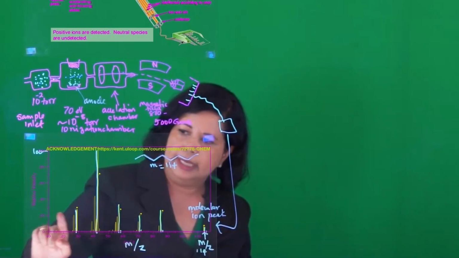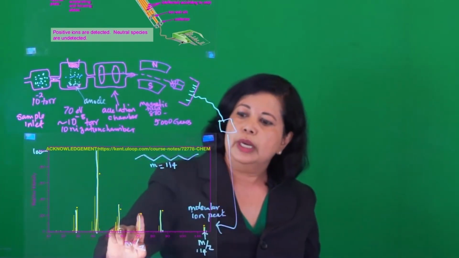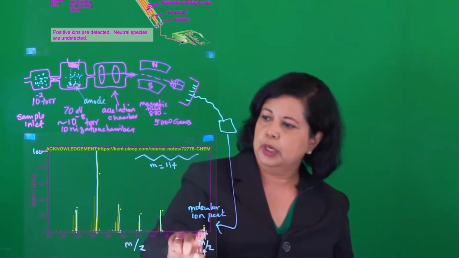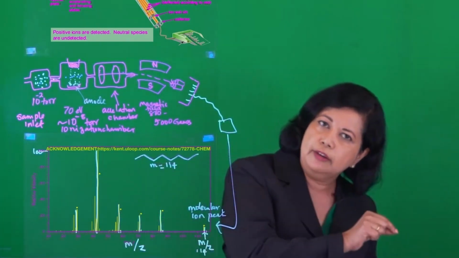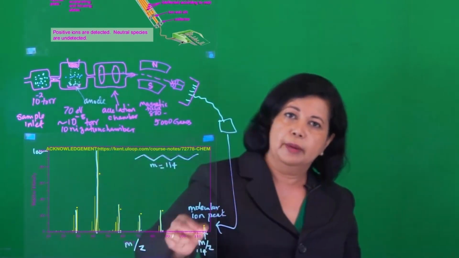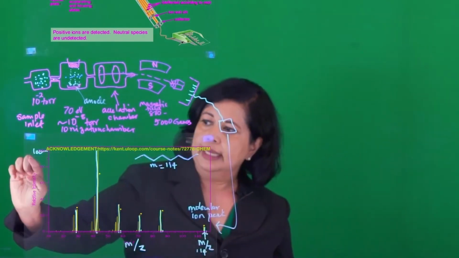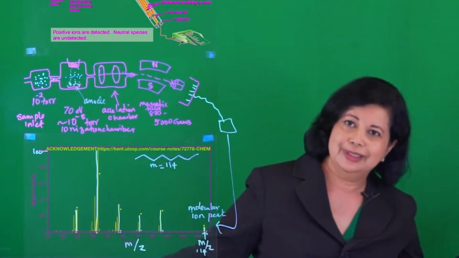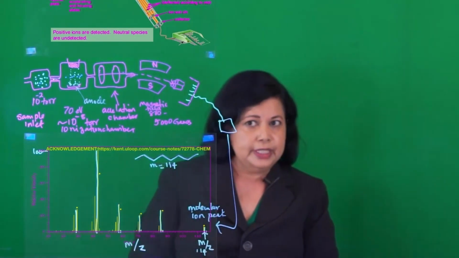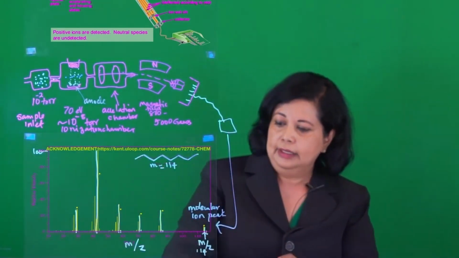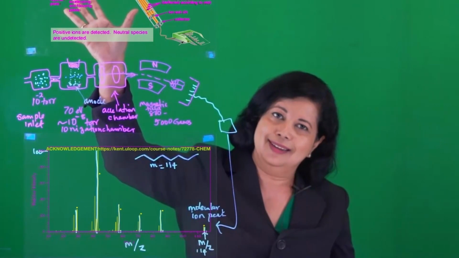This one, on the other hand, which is at 20, would have only 20 fragments coming out. And this one, the molecular ion, would have just 5 fragments coming out. So this is basically counting the number of fragments coming out, and that's your relative intensity. Now it's a percentage. So this is basically what a mass spec would look like, and this is what the machine would look like.